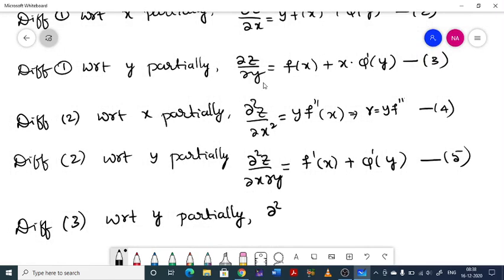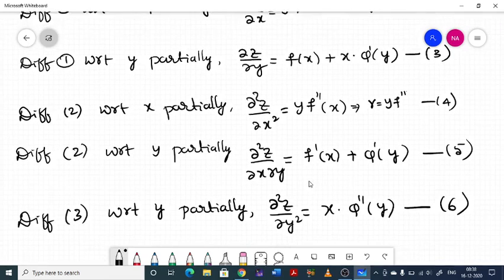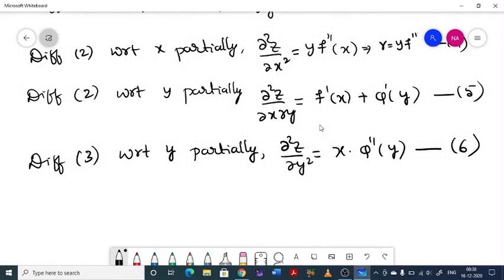So I'll get ∂²z/∂y² equal to f(x), which if I differentiate with respect to y will be 0, plus x into φ''(y). This is equation 6. Okay, I got 6 equations.